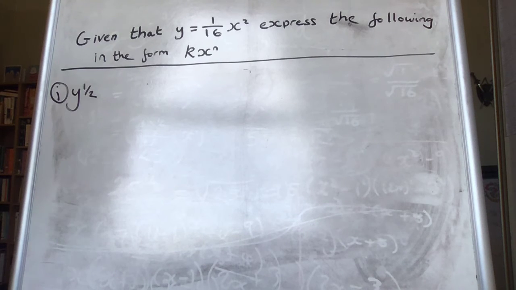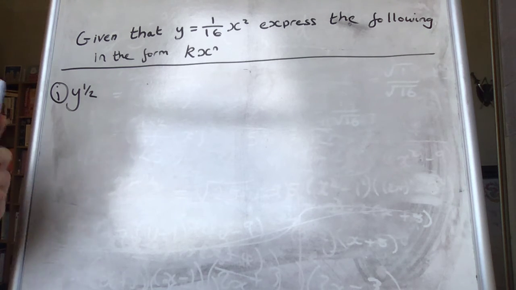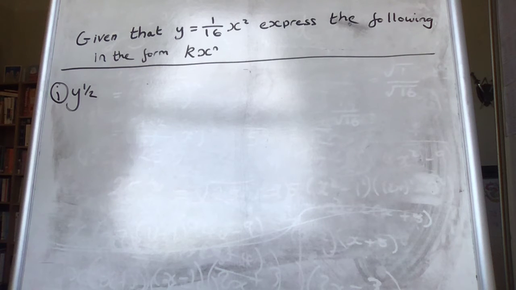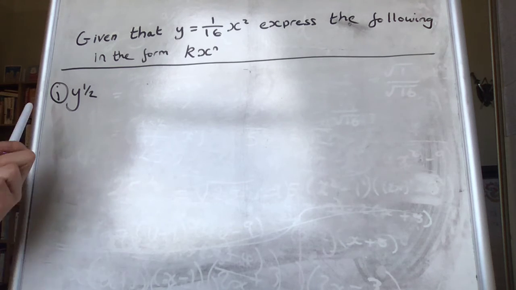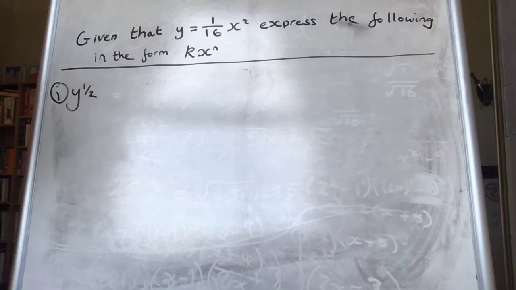So let's look at a slightly more difficult example to finish this off. Given that y equals 1/16 x squared, express the following in the form kx to the power of n. And the example is y to the power of a half.